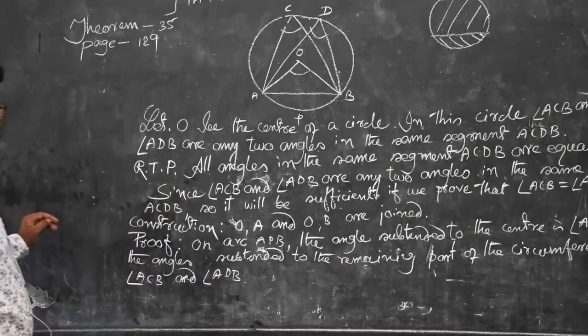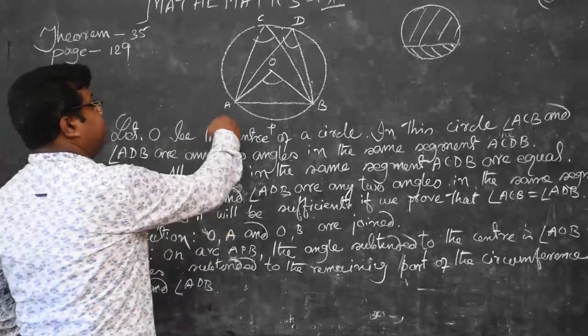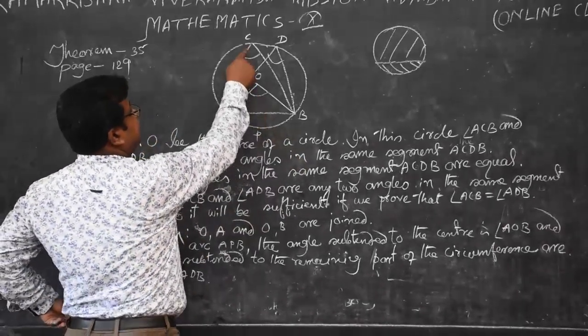We have learned from the previous theorem, on same arc the center angle is twice the circumangle.